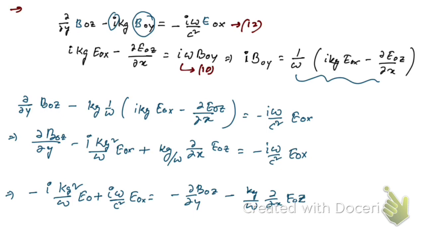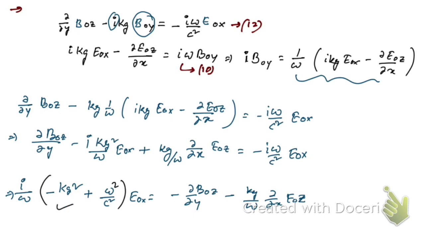So here you see, from here what we can do, we can take i by omega common. If we take i by omega common, then within bracket what we're gonna have, i is taken common, omega square, then E0x is also taken common, then we're gonna get this equation, right, after taking common? Hope you have understood.